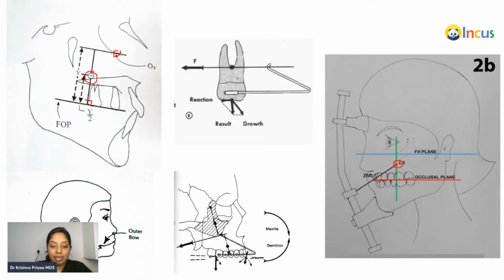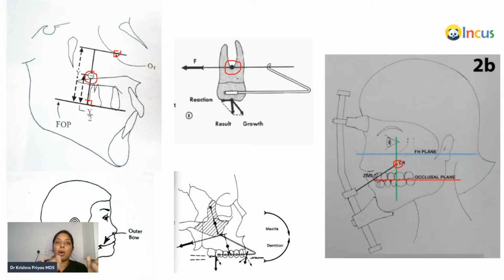So I've just given a lot of examples for you to understand how it is done. As I said, for molar, the center of resistance will generally be in the furcation area for a particular tooth. But when it comes to the maxillary segment as a whole, the center of resistance varies. So don't confuse a segment of the tooth with a segment of maxillary component as such. Instead, imagine whatever the tooth it is, the center of resistance will be a resultant of the centroid points drawn, and it will be in a particular area.